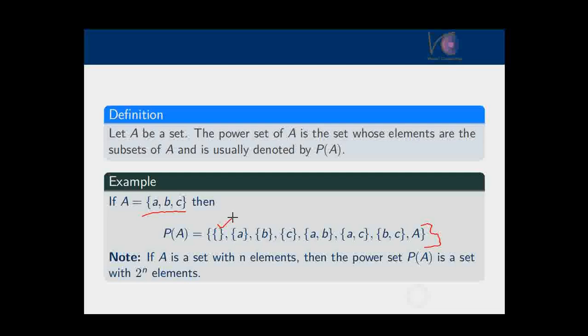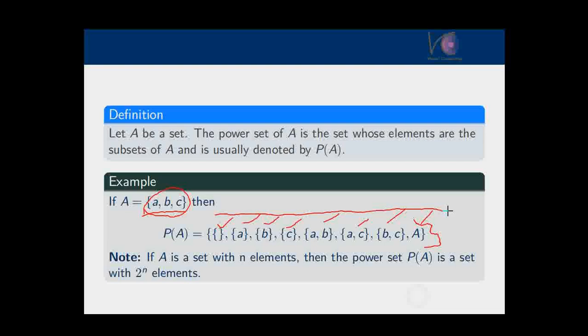Then we also have the full set A, which is a subset of the set itself. Then we're going to have the smaller sets inside. Since we have 3 elements, we are going to have 8 subsets. The group of all these 8 subsets is what is called the power set.